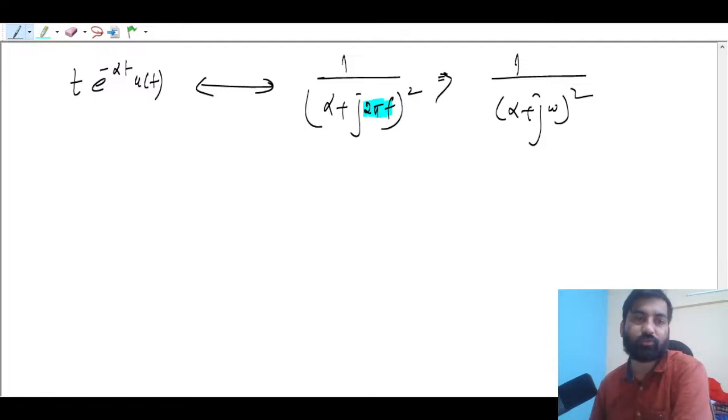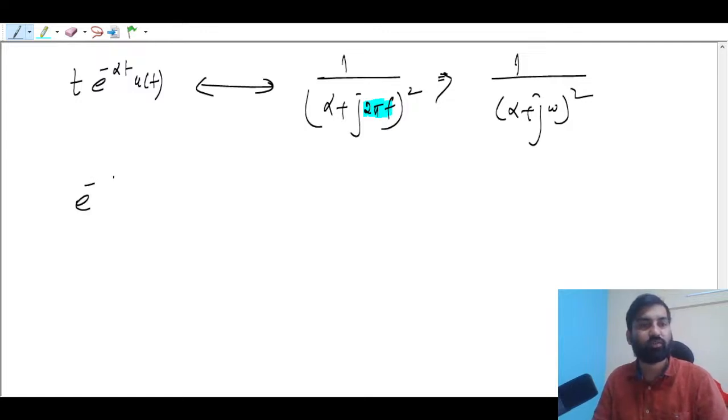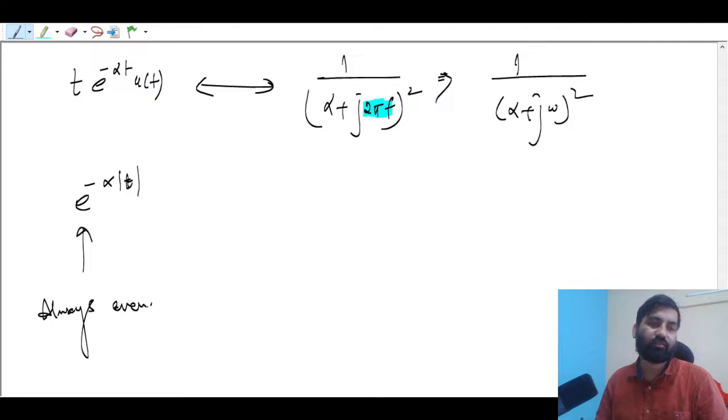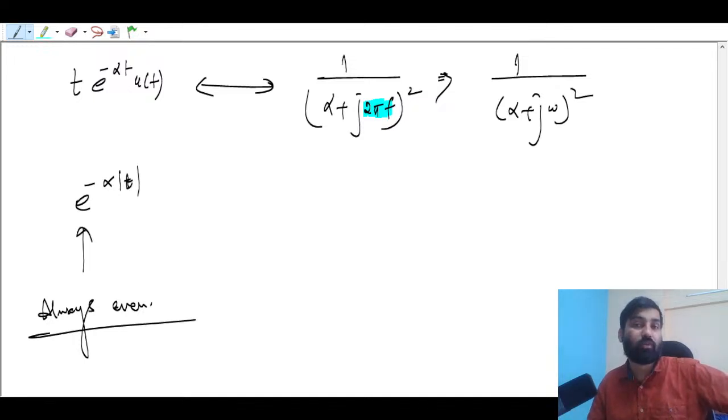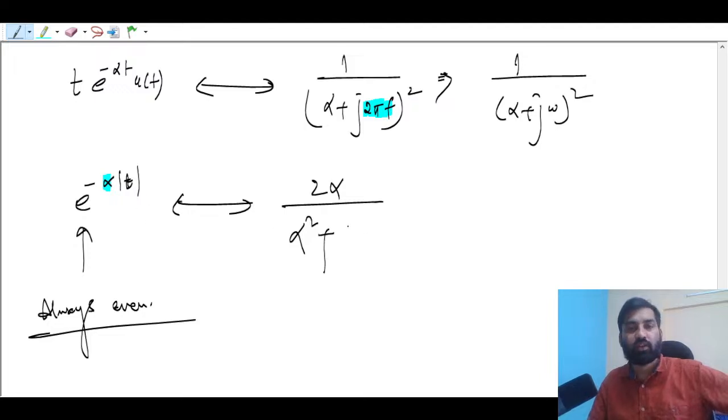Next, suppose you have a two-sided exponential, ये आ गया, और ये हमेशा even होता है, always even. So e raised to power minus alpha mod of t has the Fourier transform, remember, 2 times alpha upon alpha square plus (2 pi f) square, मतलब you can say 4 pi square f square.